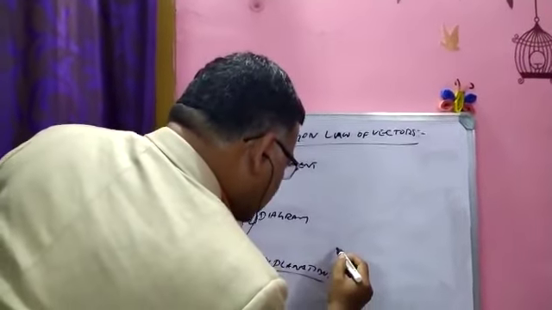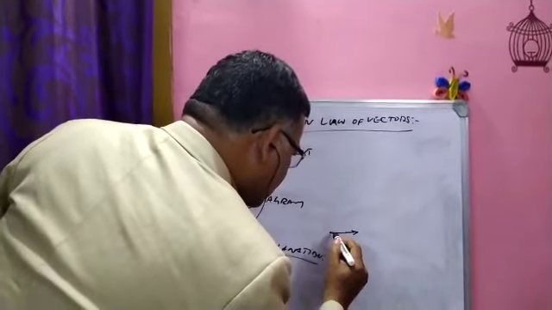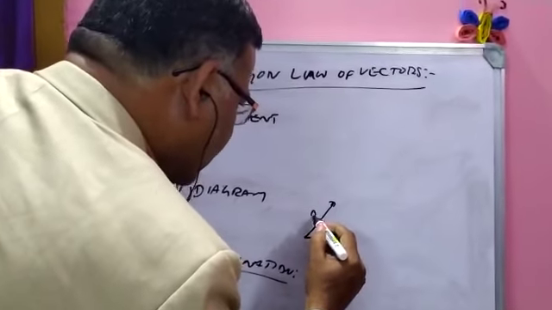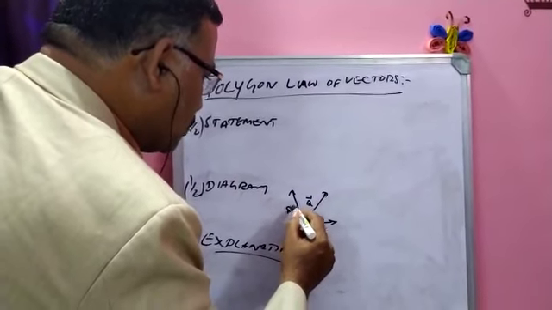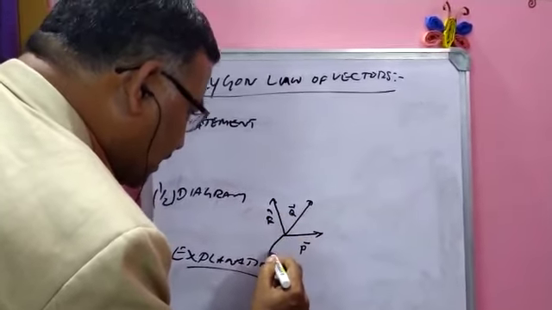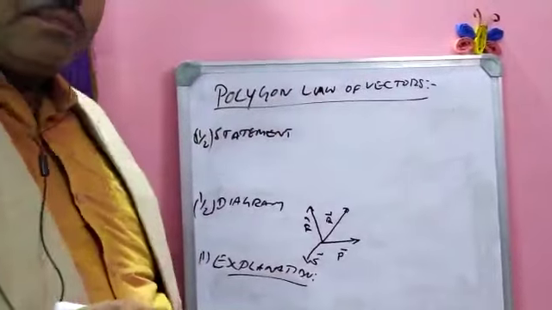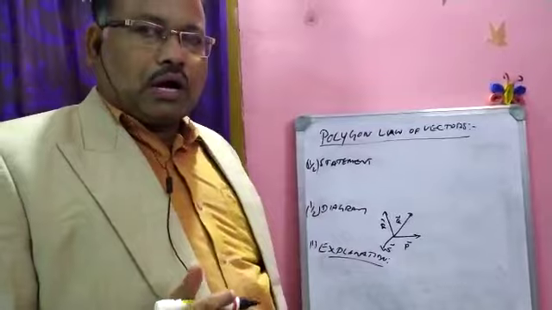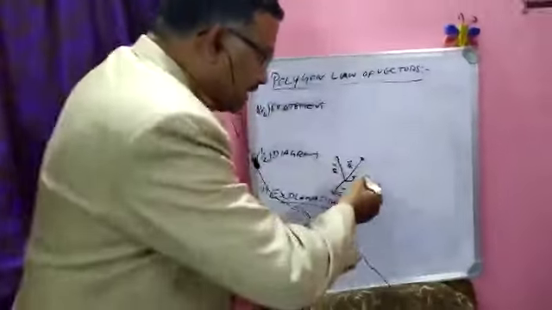Suppose they have given a number of vectors: P vector in this direction, Q vector in this direction, R vector in this direction, S vector in this direction. So they have given 4 vectors here. How do we add these vectors and get the polygon?